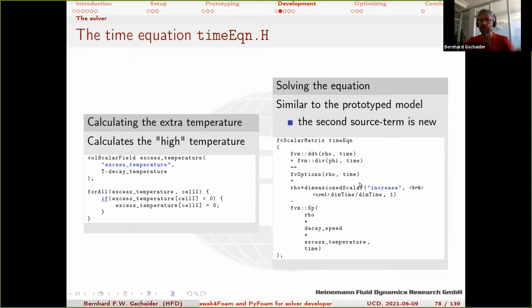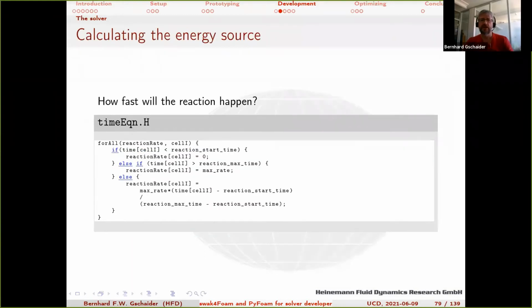This is the term that basically increases the time by 1 second each second. And this is the term that implements the decay that regenerates the fluid. And after this equation has been solved, we calculate the reaction rate.